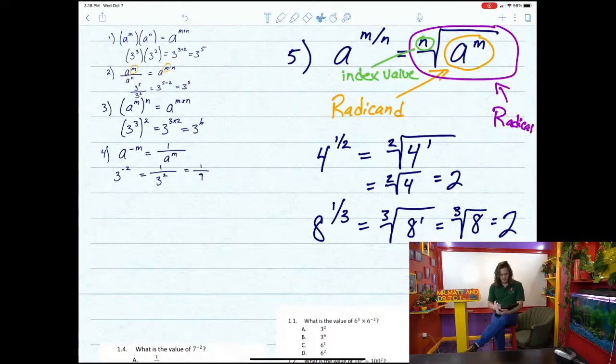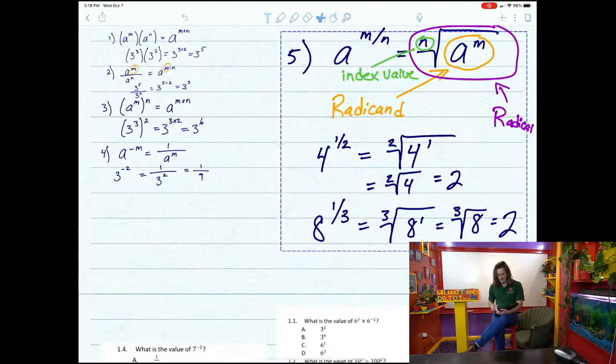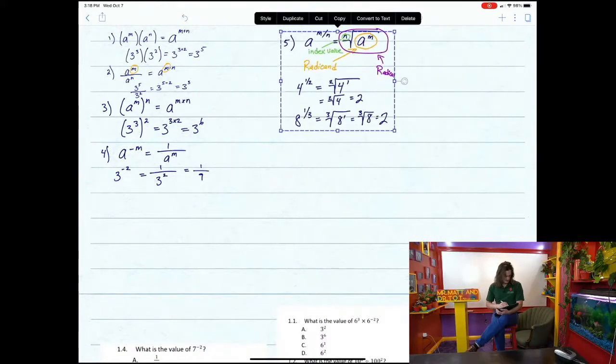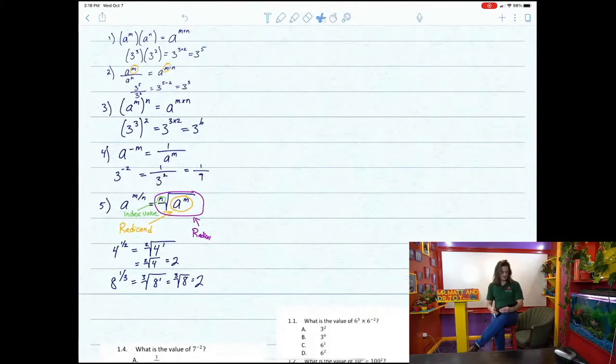The last rule involves solving an equation, and it's called dropping the bases. All of these other rules involved expanding or simplifying, however you wanted to think of it, but this rule is useful in that we can use it to solve equations, and we can represent it in a conditional statement.